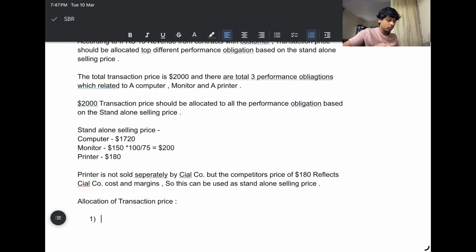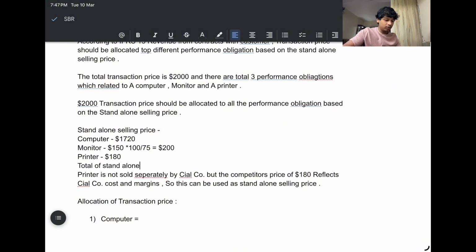First, let us see the total of the standalone selling prices. The total is 1720 plus 200 plus 180, so this is 2100.